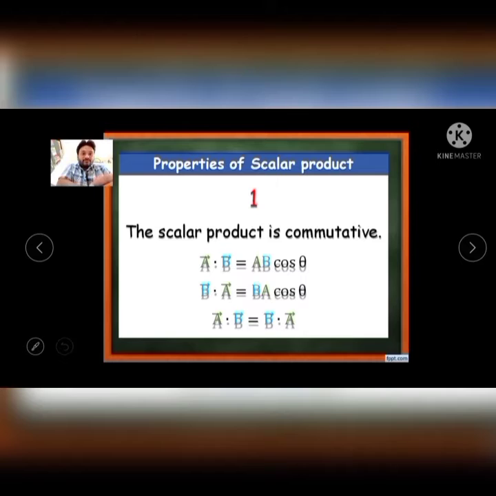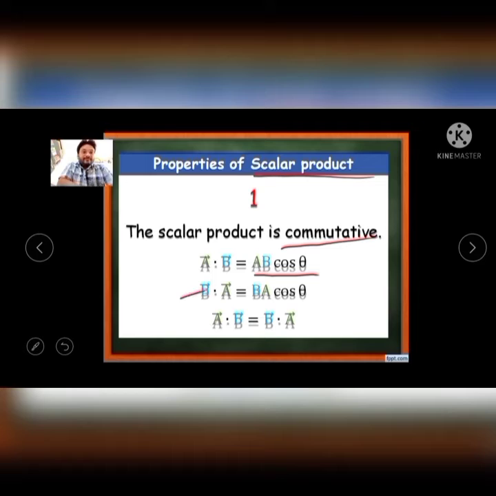Let us have a discussion on the properties of scalar or dot product. Among those, the first property is that the scalar product is commutative. If you calculate A dot B, the scalar product between vector A and B is equal to the product of the magnitudes of both vectors and the cosine of the angle between them.